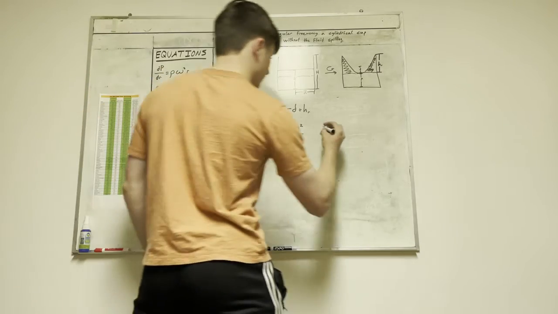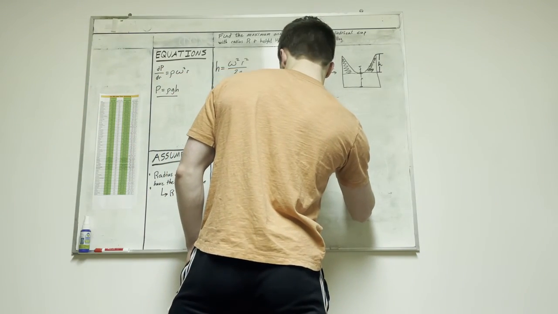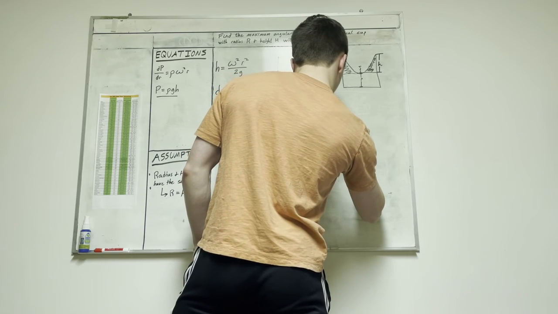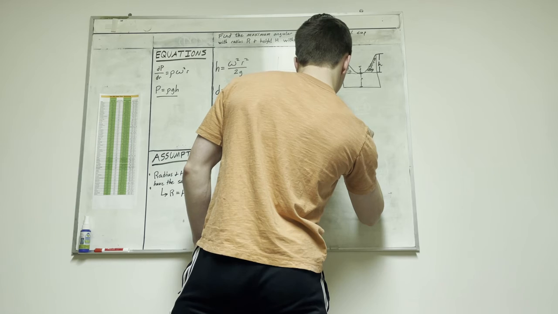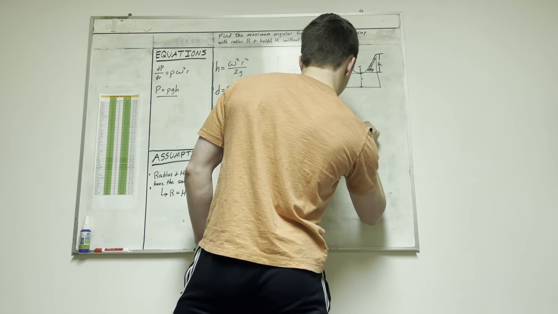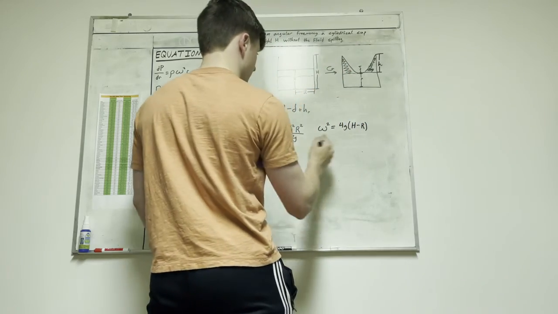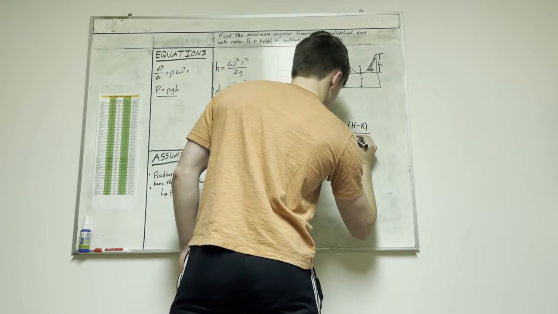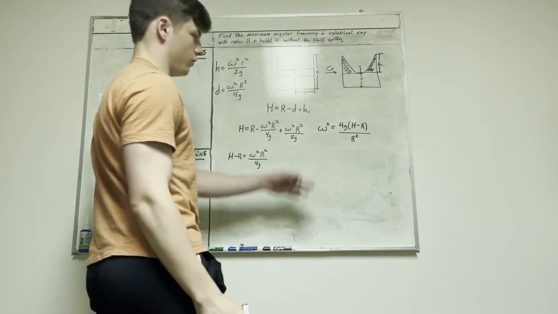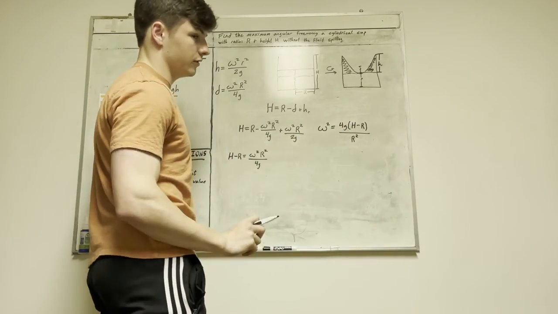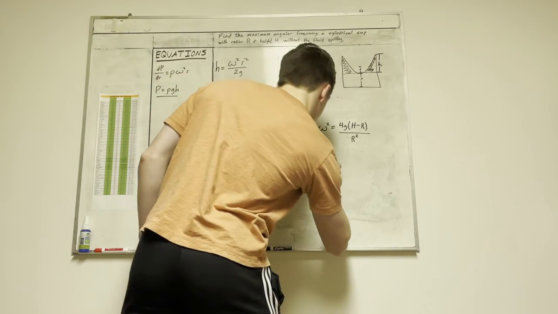So now we can just isolate omega, the angular frequency, on one side and solve. So with that, we'll have omega squared equals 4g times the quantity of h minus r, and then divided by the radius squared. And so then with this, we can just take the square root of both sides and then have our angular frequency on one side.